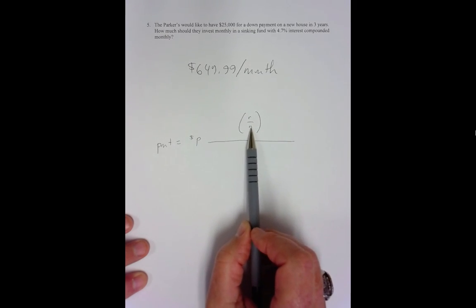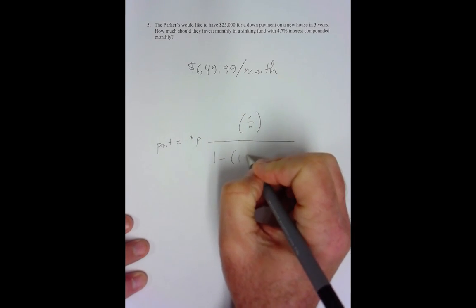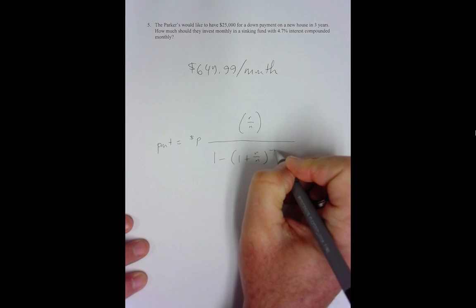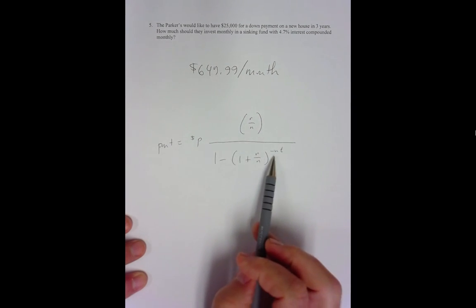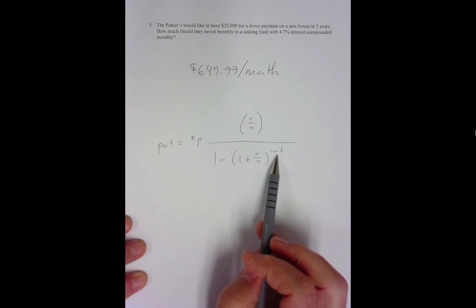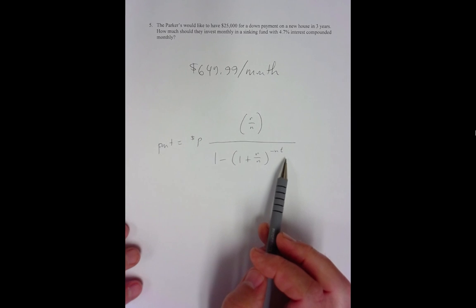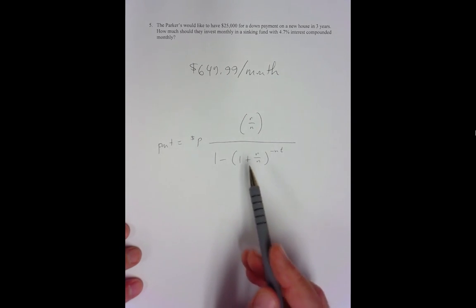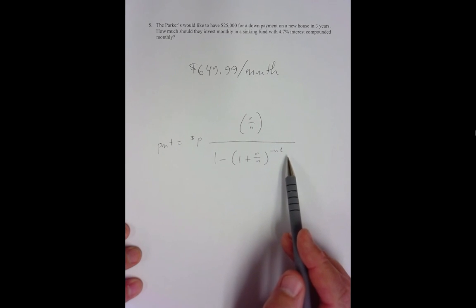So this for monthly would be 12, quarterly 4. And then you have 1 minus 1 plus r over n to the negative nt power. So again, 1 minus this quantity, and then you get into a negative exponent. It gets really weird. A lot of students say, well, Dr. Darbo, I don't like TVM solver. Dude, let me tell you something. You may not like TVM solver, but you would like this much less.